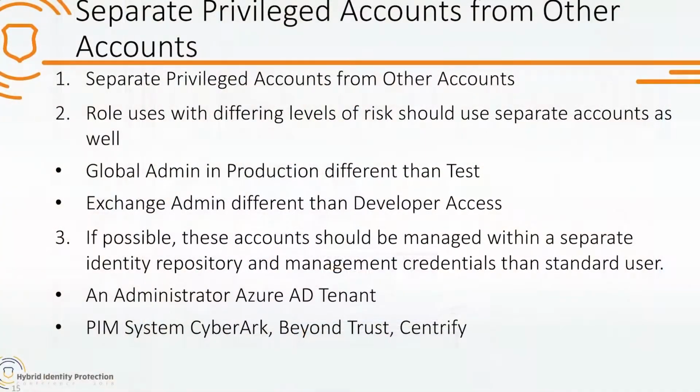Obviously, your root super user account shouldn't be the exact same credential in test as it is in production, right? Those have a different level of risk. So when you start to define risk boundaries, those are boundaries for moving from one level of credential to another. Because the other side of that is, if I have differing levels of credentials for different environments or different levels of risk, I can also relax requirements where it's not as important.